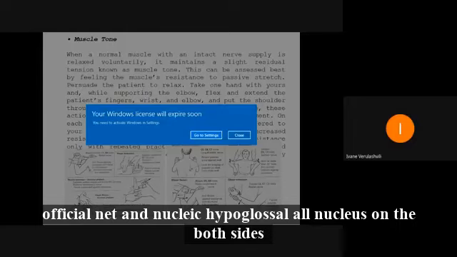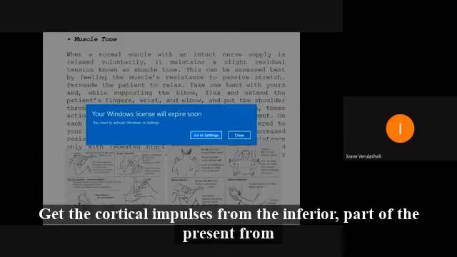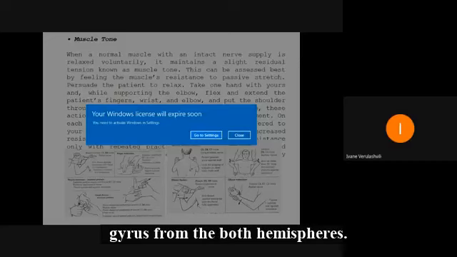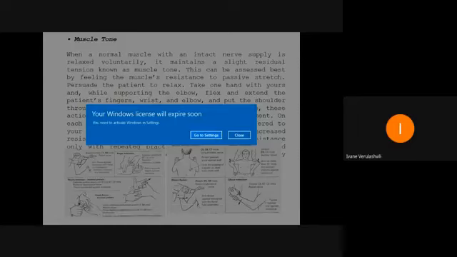All nuclei on both sides, left and right, get the cortical impulses from the inferior part of the precentral gyrus from both hemispheres. So these motor nuclei have double cortical innervation.